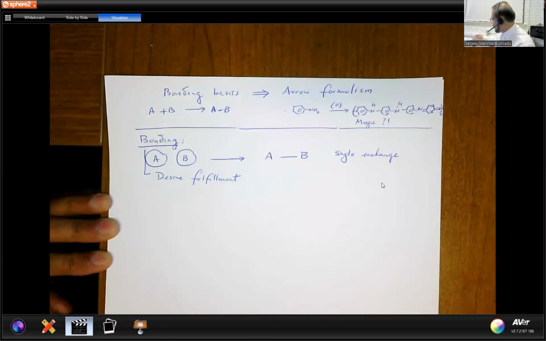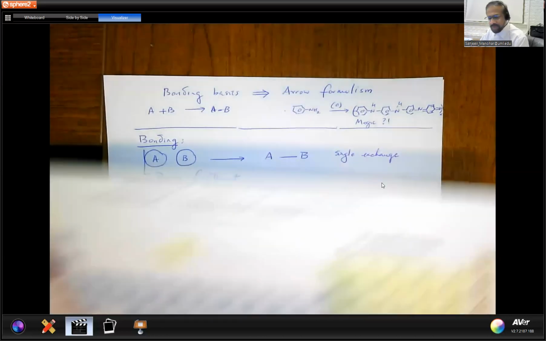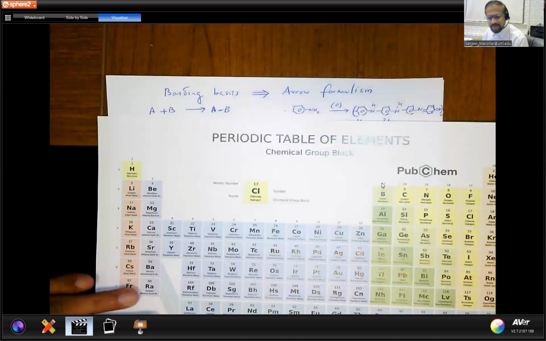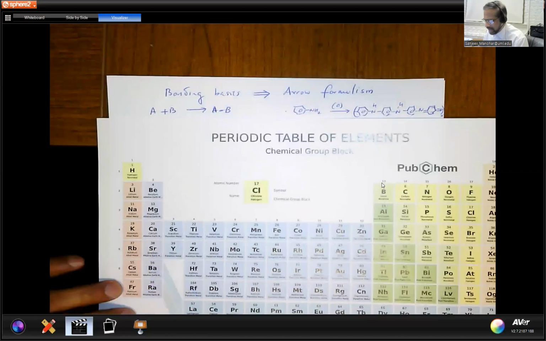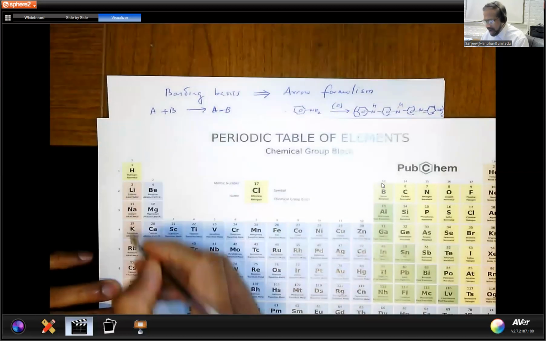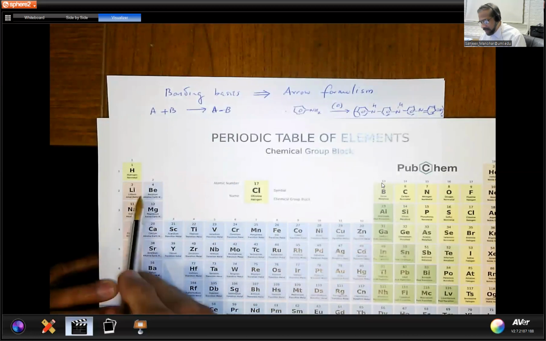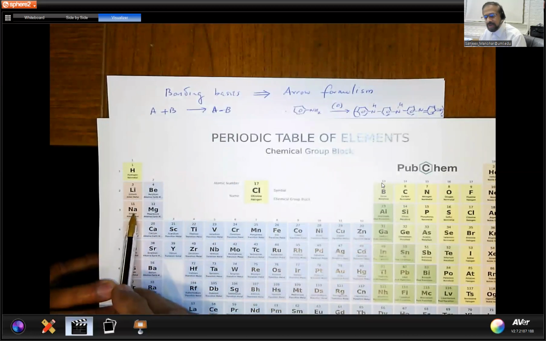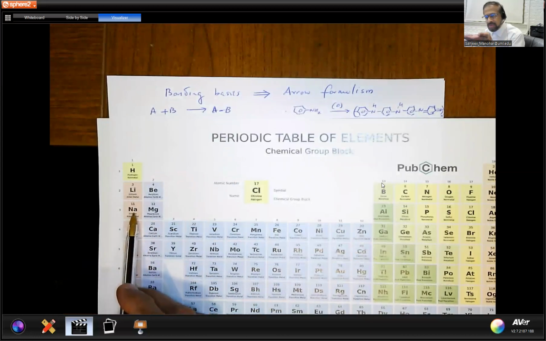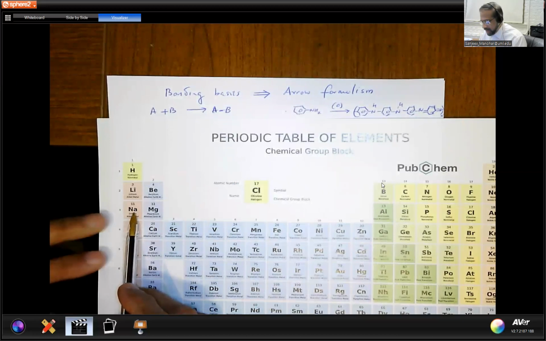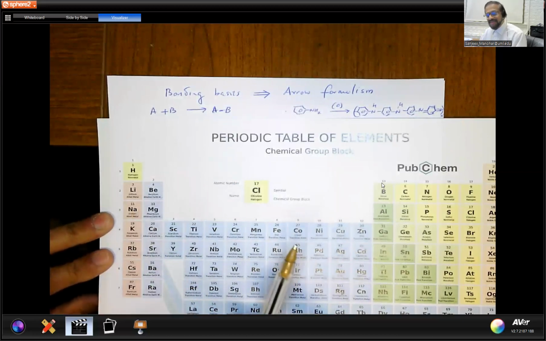Let's take an extreme example in the periodic table. On the left-hand side you have metals that want to give off electrons. They're very unstable. Sodium is very unstable. If you take some sodium in your hand, it'll burn it. But if it gives off its electron, it becomes sodium plus, a stable salt.